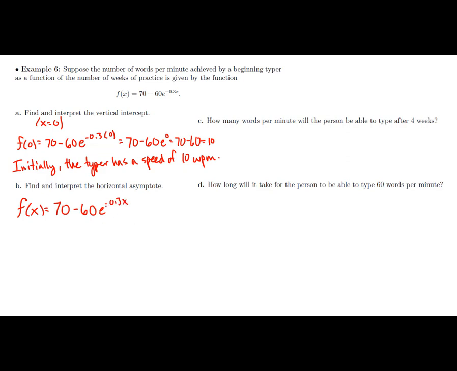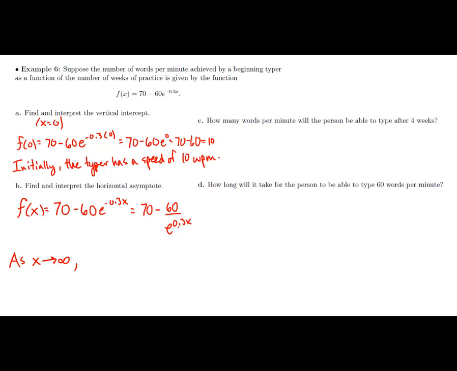But it might also help if we realize that if I have a negative in the exponent, I can make that positive if I put it in the denominator. All right, so looking at it like this, let's think about what happens as x gets really, really big, or as x goes to infinity.